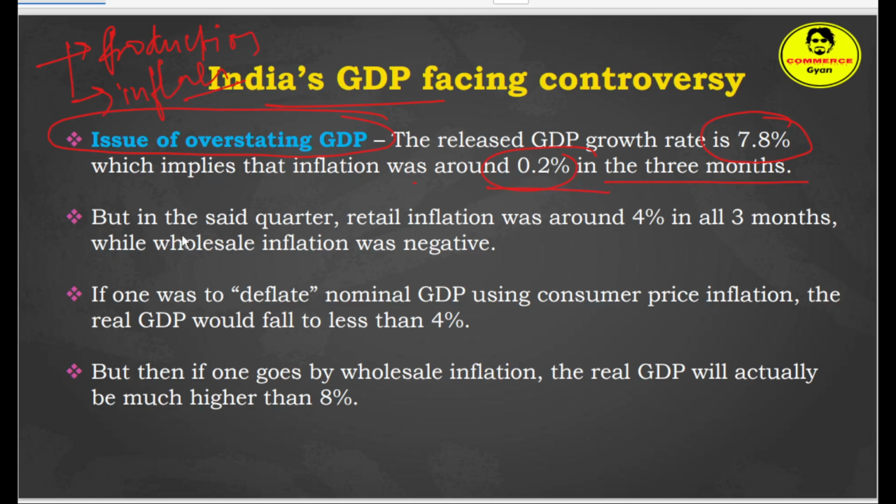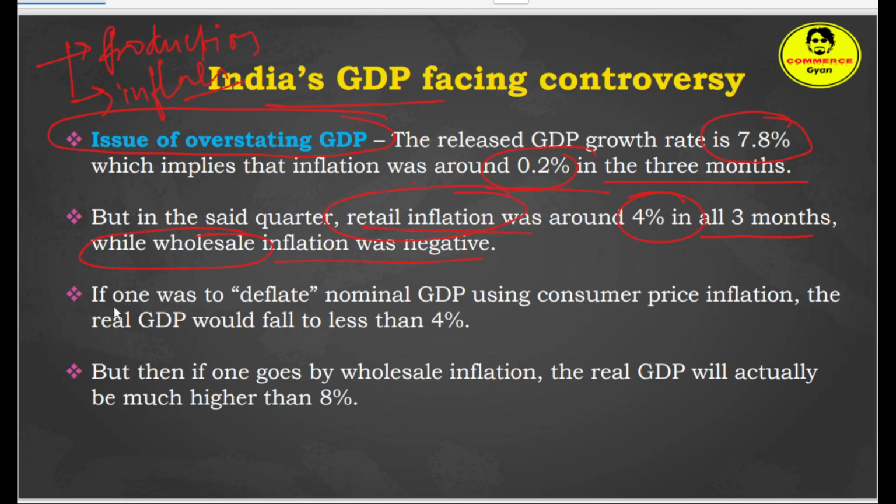Second, in the third quarter, retail inflation was around 4% in the 3 months, while wholesale inflation was negative. So here it is also related to wholesale inflation and retail inflation.